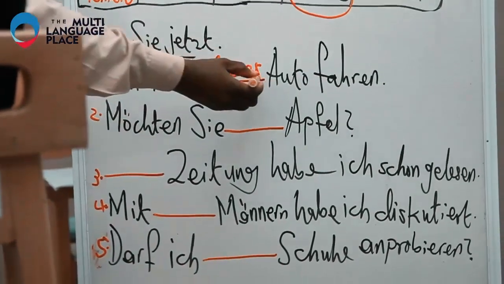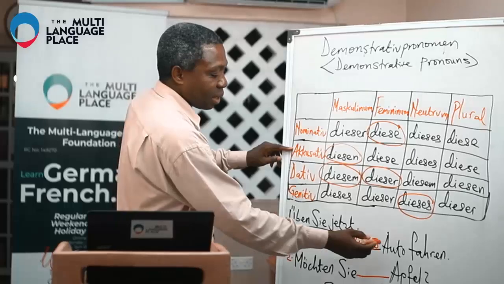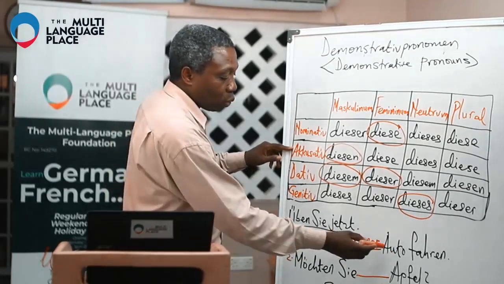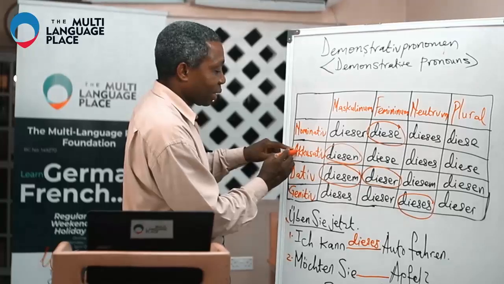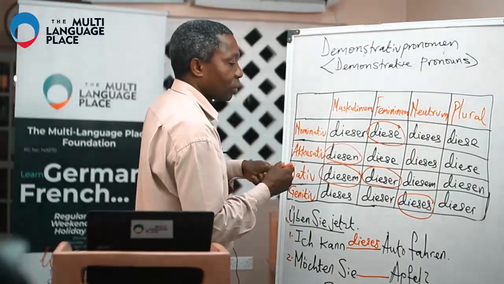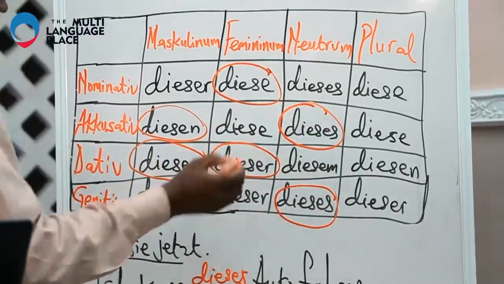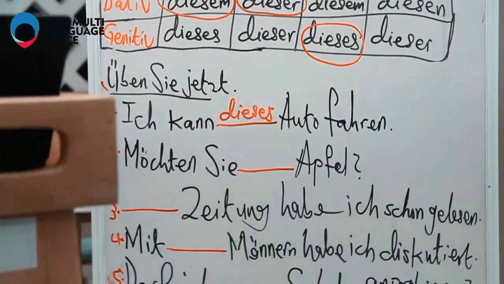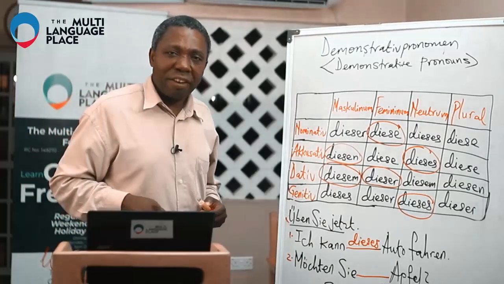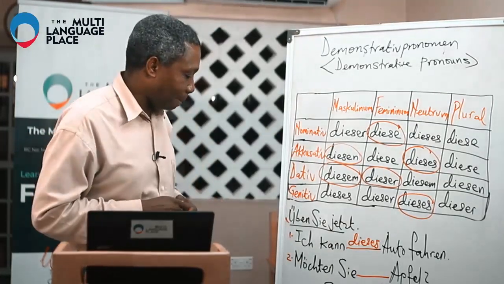So if you come here, accusative, and then once you know the gender of this Auto, that's neuter, you go to neuter. So this is accusative, you are looking for neuter, boom, there it is. So we have neuter. So dieses Auto. Ich kann dieses Auto fahren. I can drive this car.